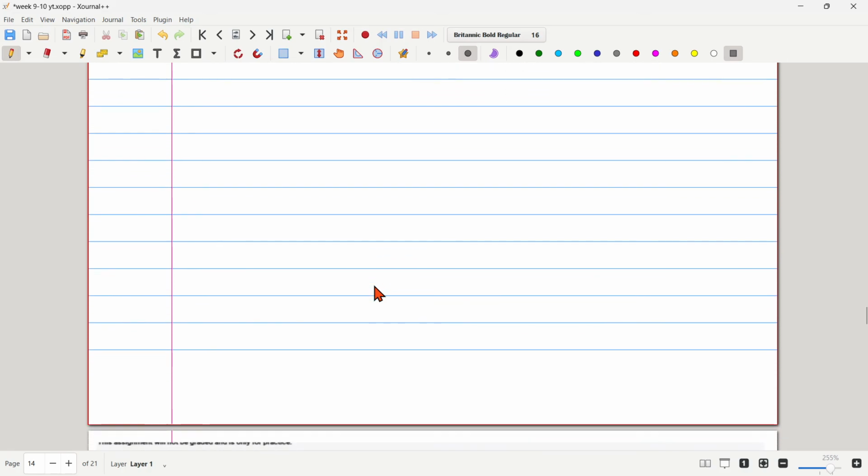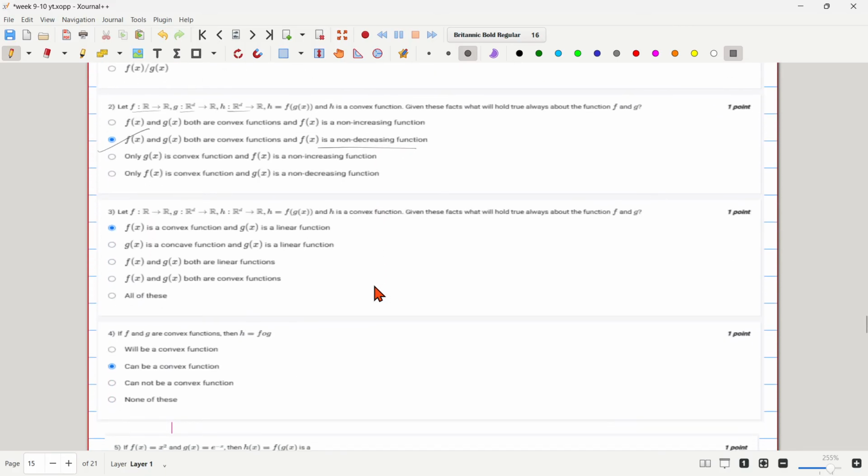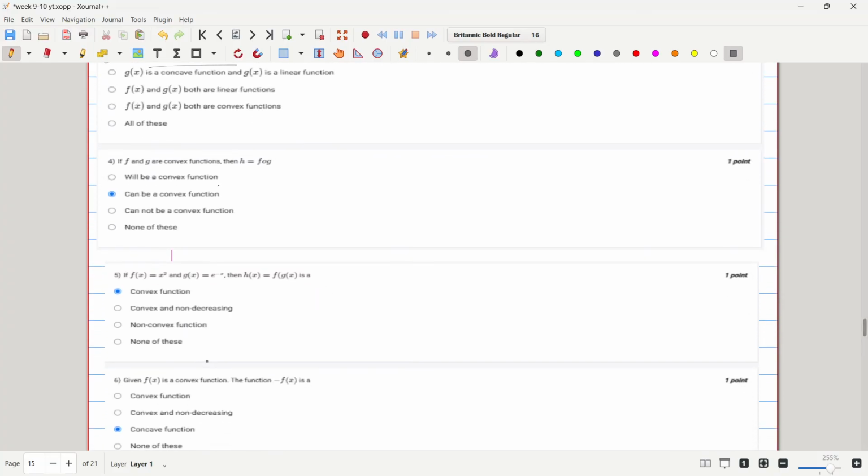Now, the functions f and g, h is represented as f of g(x), and h is a convex function. Given these facts, what will hold true about the functions f and g? F is convex and g is a linear function. If f and g are convex functions, then h is equal to f of g can be a convex function.